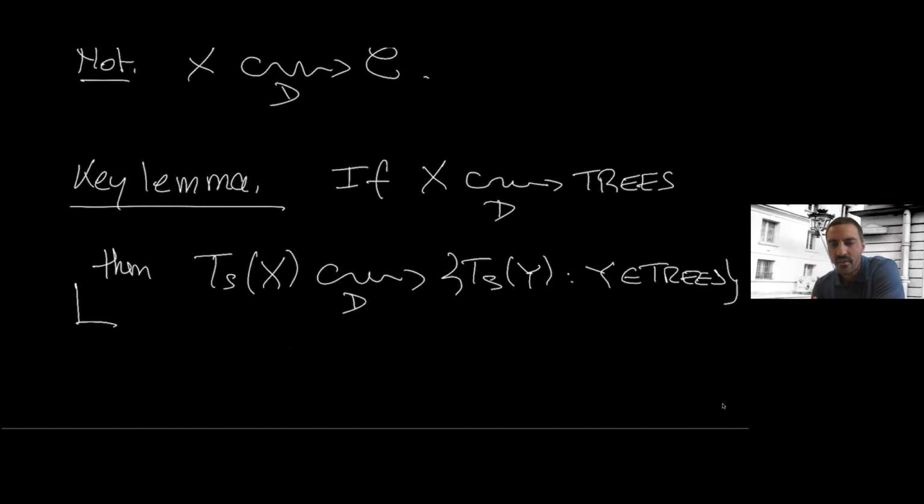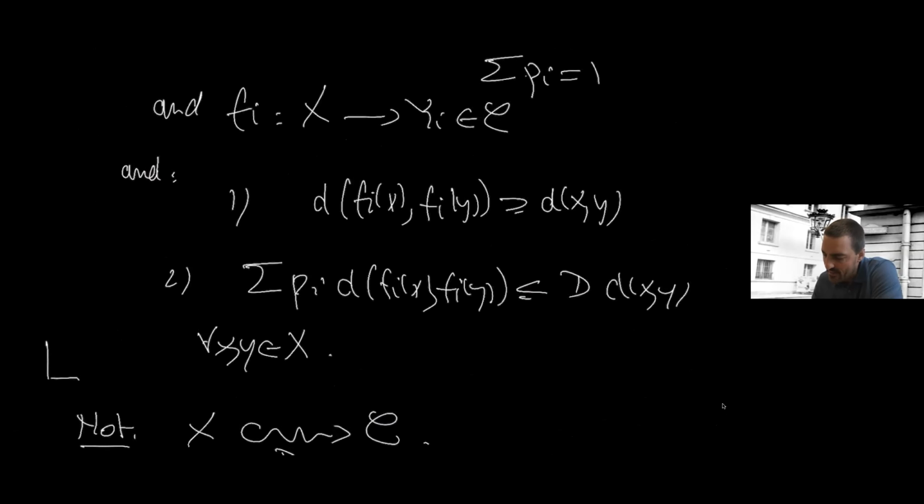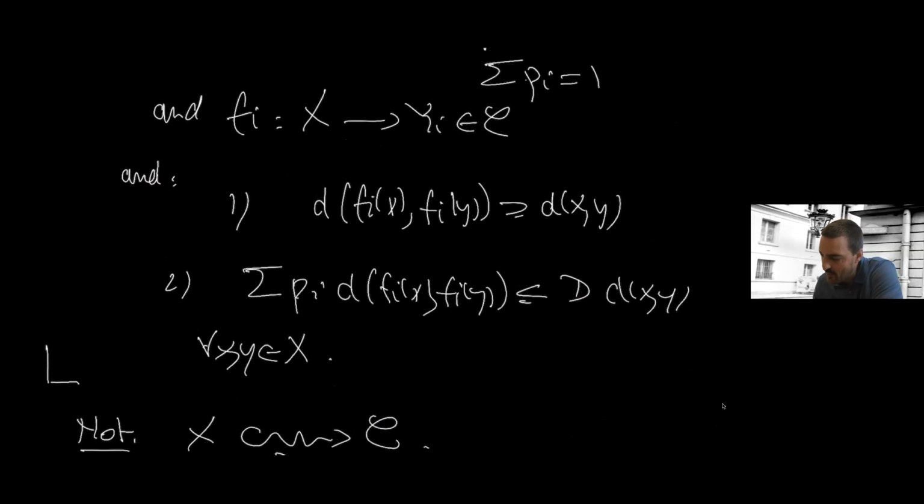Once you have the right definition, once you think about proving this, the proof is completely elementary. What is crucial is that we're looking at dominating metrics here. This condition tells you that your maps are injective.